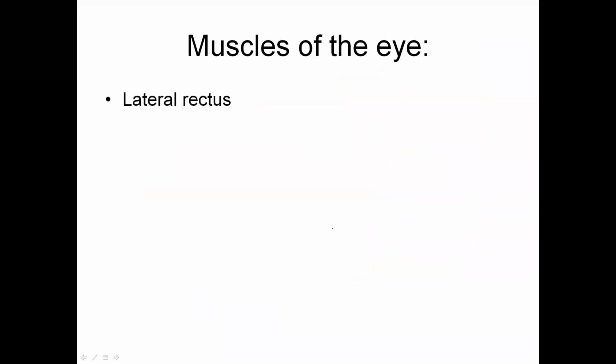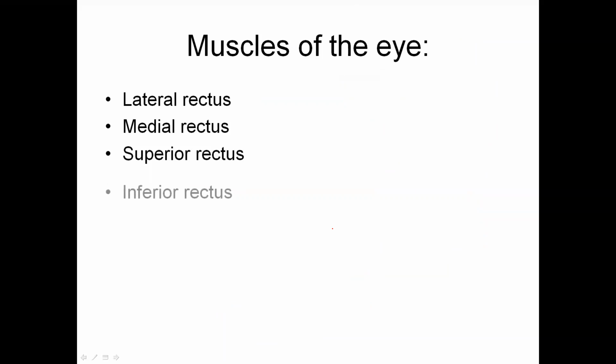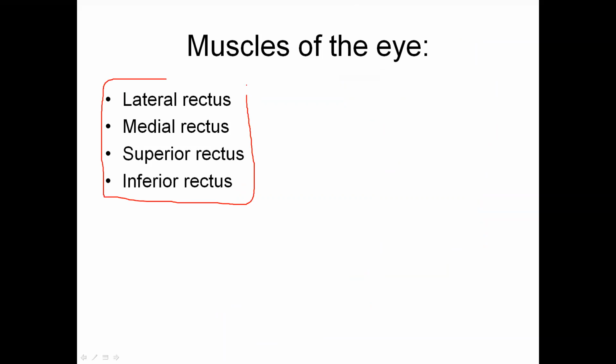These are the 6 muscles of the eye: the lateral rectus, medial rectus, superior rectus, and inferior rectus. I call these the 4 corners of the eye.